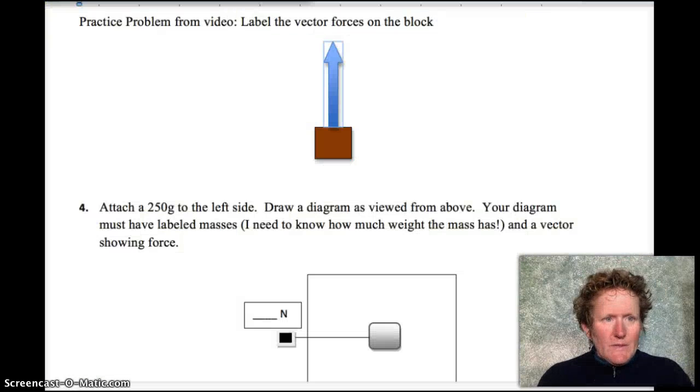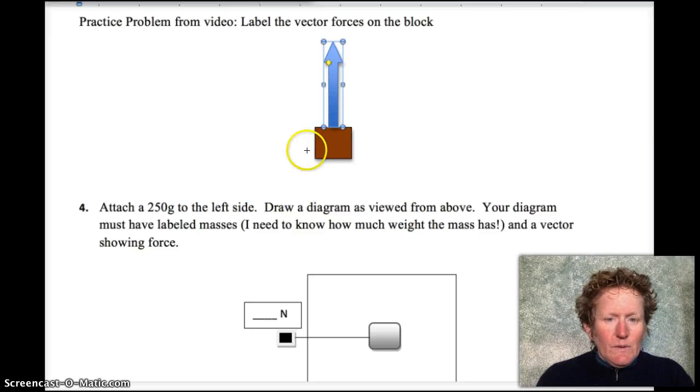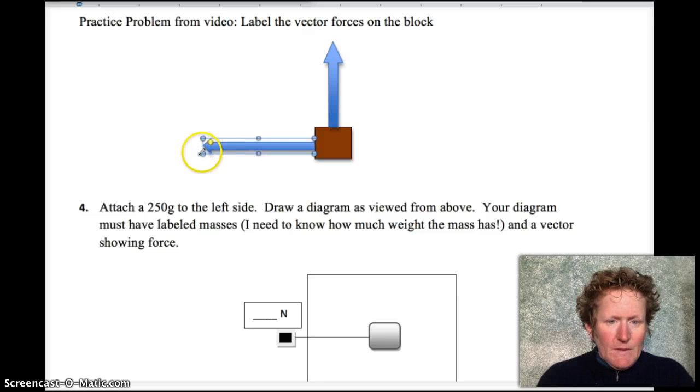So here we can represent the pushes and pulls on the block with arrows. We know when we attached a mass here, it got pulled just in this direction. When we added the second mass, it also got pulled in this direction. And when you add those two forces, let's make this one a little bit smaller.